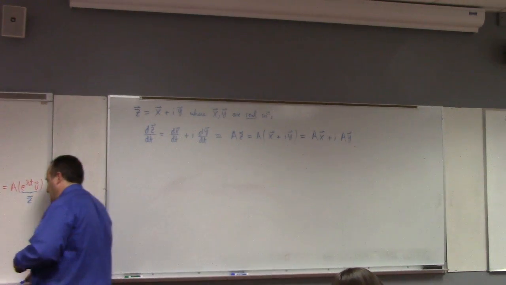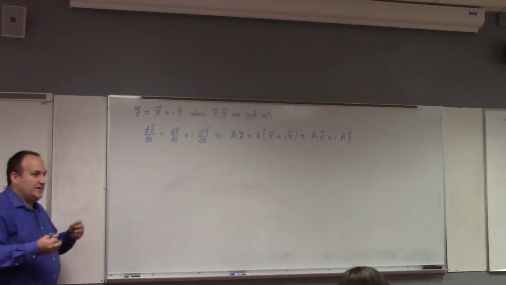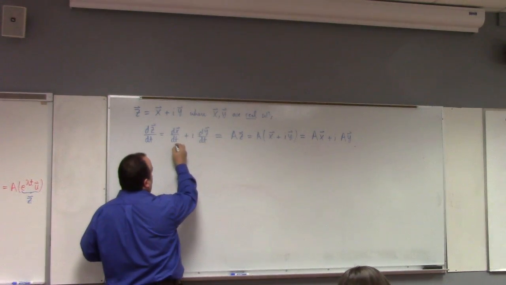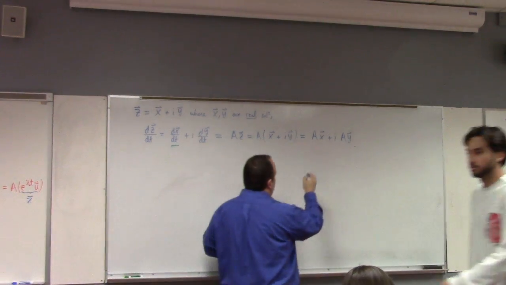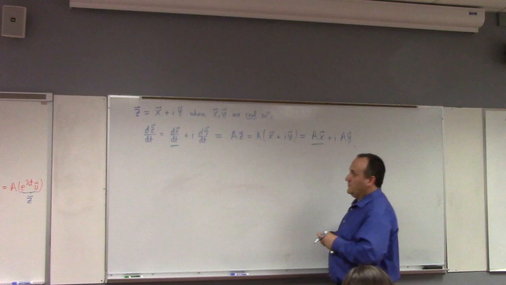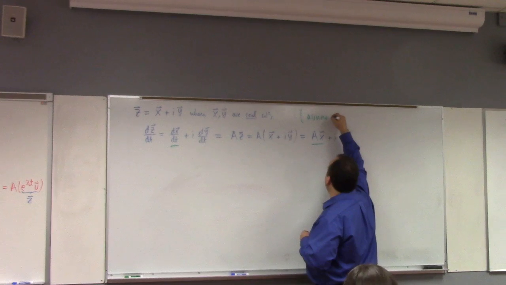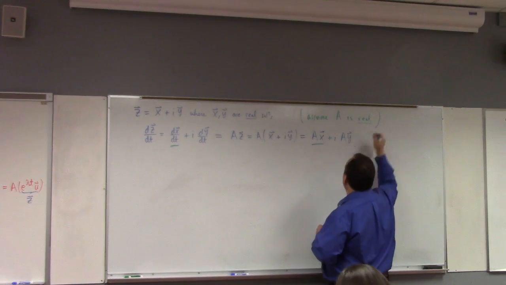I don't know how much you guys know about complex numbers at this point, but you can't avoid them. They're in science, in engineering, and certainly in math. So let's talk about it. When we have a complex vector equation, we get two real vector equations. Here's my real part: the real part is dx dt. What's the real part over here? It's just Ax. Now, what are we assuming about the matrix A? We're assuming A is a real matrix.